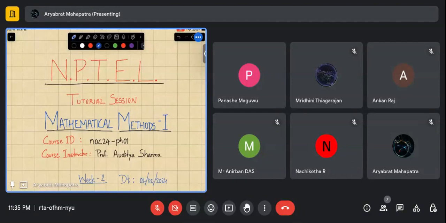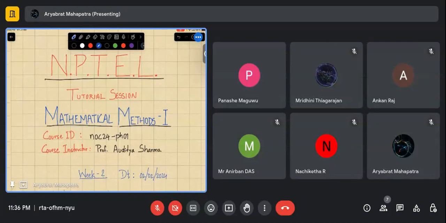Today our plan is to go through the last week's assignment, that is, assignment one's problems. We'll discuss them, and if possible we'll also go through some new topics introduced this week and their related problems. This is the week two problem solving session.